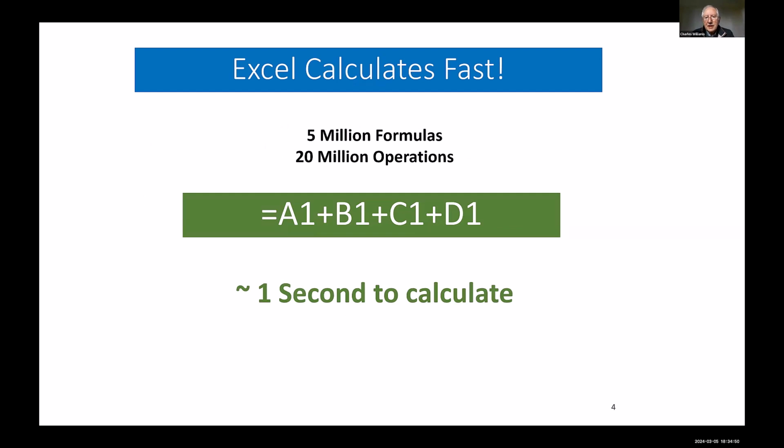It takes about 1 second to calculate on this laptop. So given that Excel calculates so fast, why do we have slow workbooks? That's the question. And in any slow workbook, most of your formulas will be running fast. It's usually just a few of them that are slow. And so the trick, first of all, is to find out where they are, the slow ones, and then try to work out how to speed them up.